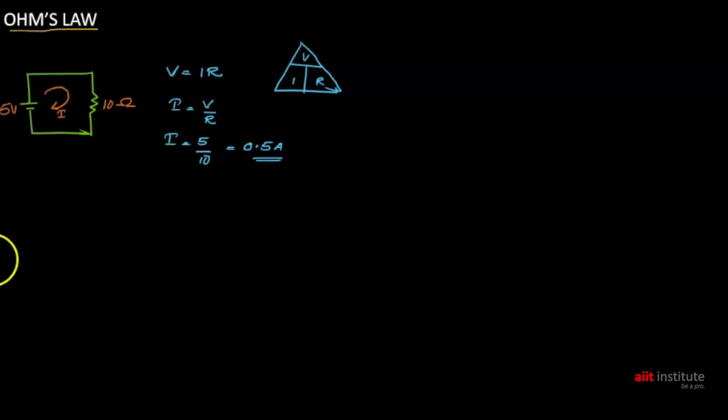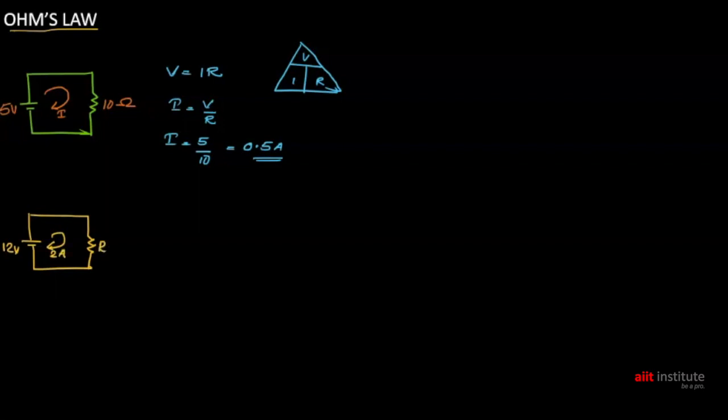Let's consider another example. We have a voltage source and a resistor. The voltage value is 12 volt, and let's assume the current flowing through the conductor is 2 ampere.